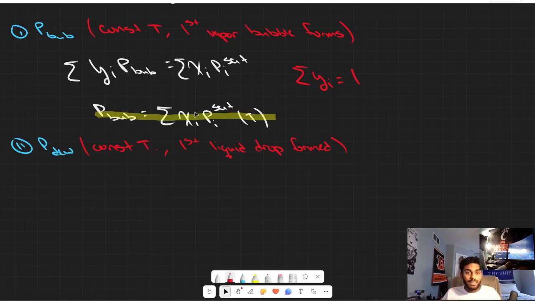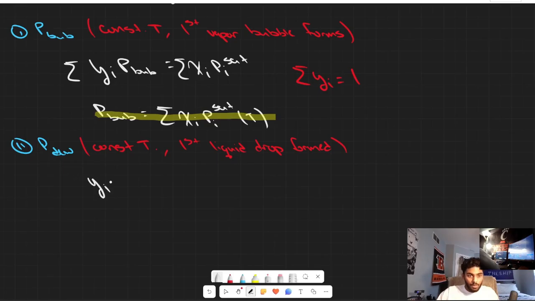So that's why in this case we are working with the liquid mole fractions, because we have an entirely liquid system and we know the compositions of, or theoretically we will know the composition of the system when it's liquid. In this case, we do not have the liquid mole fractions, we have the vapor mole fractions.